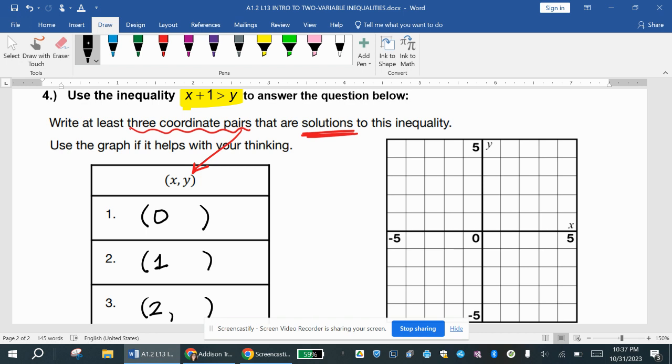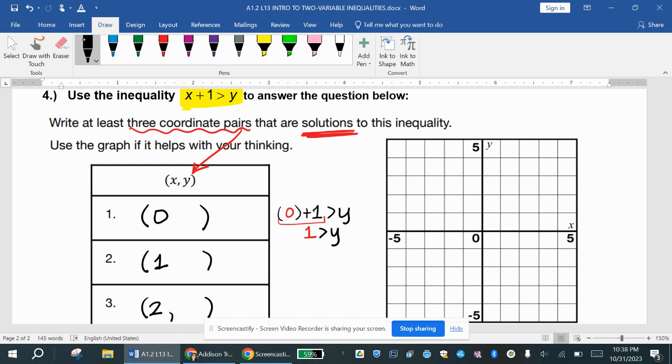If I substitute 0 into my inequality, remember your inequality is x plus 1 is greater than y. So if I substitute 0, I get 1. So that means I need to pick a number where 1 is bigger than that y value, okay? So this is saying 1 is bigger than the y value.